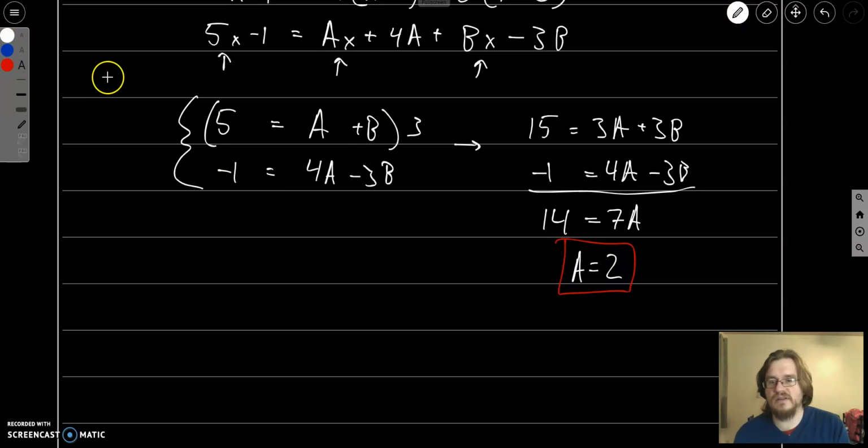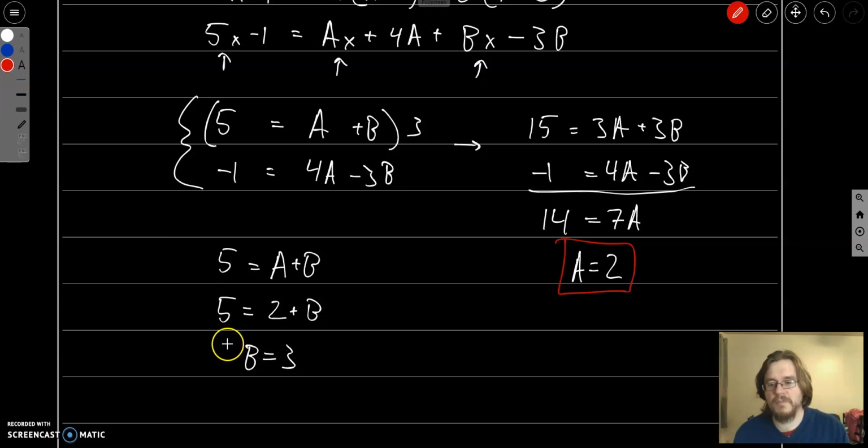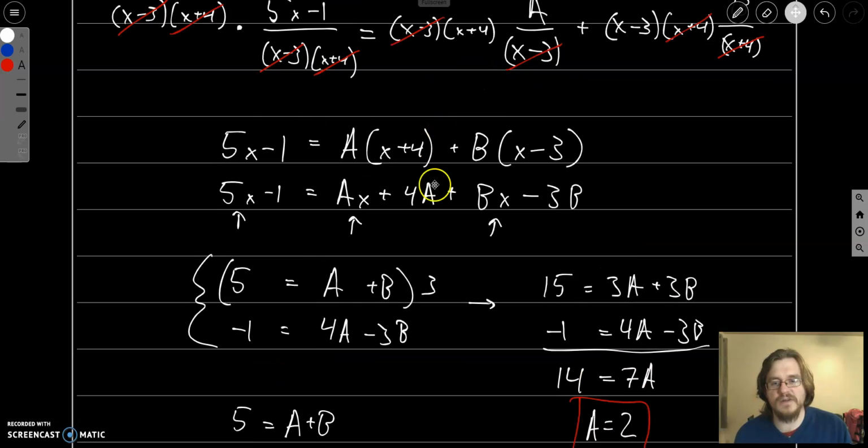So far, so good. But my original equation here was 5 is equal to a plus b, and a is in fact 2. So if I subtract 2 from both sides, I get b is equal to 3. So I don't want to lose sight of what we're doing. So let's go back through quickly what it is we were trying to solve here.